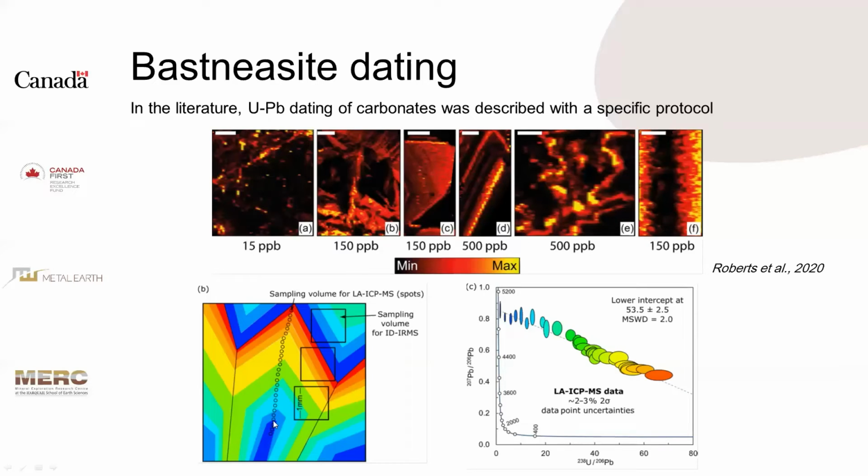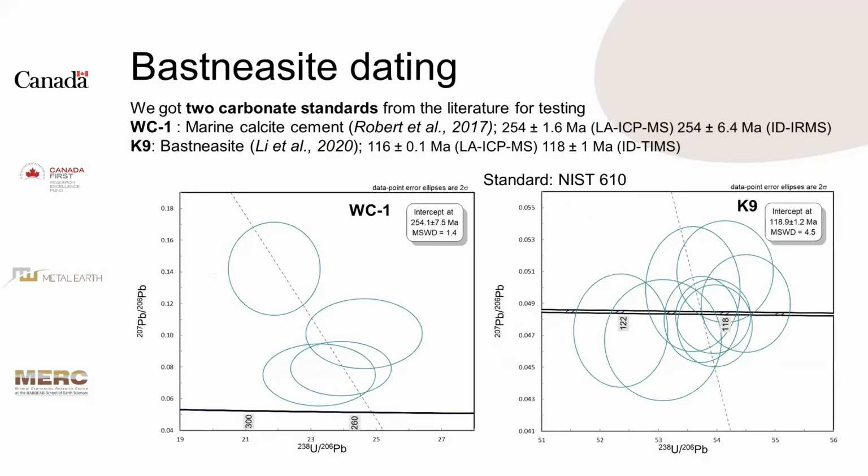You have to make a transect from the core to the rim. So go through all the different amounts of uranium and the different amounts of radiogenic and common lead. And from that, you're going to be able to trace this isochron here on the Tera-Wasserburg diagram, and the lower intercept is going to be your age. So this is what we're trying to do here. But we still need standards, of course.